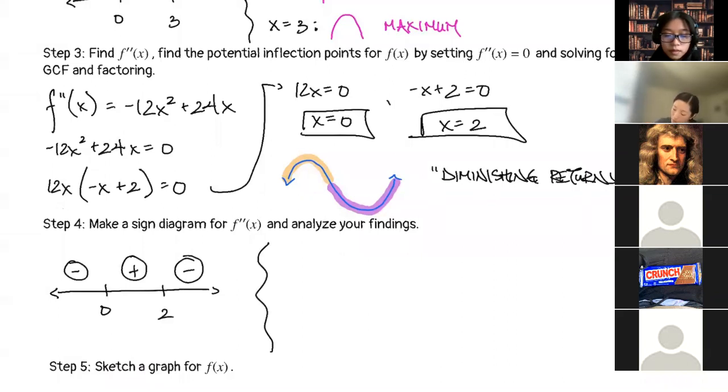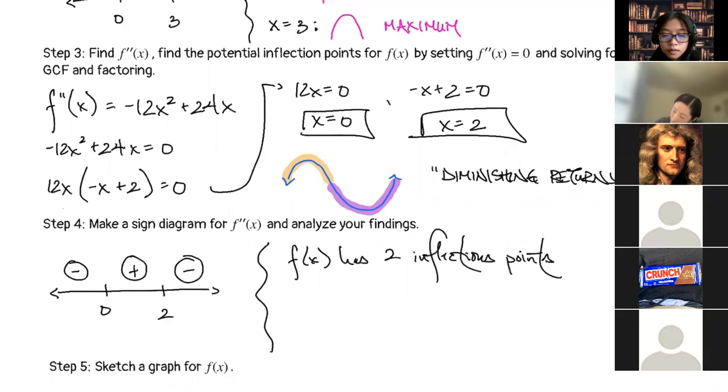Here's what this means. f of x has 2 inflection points, at x equals 0 and x equals 2.